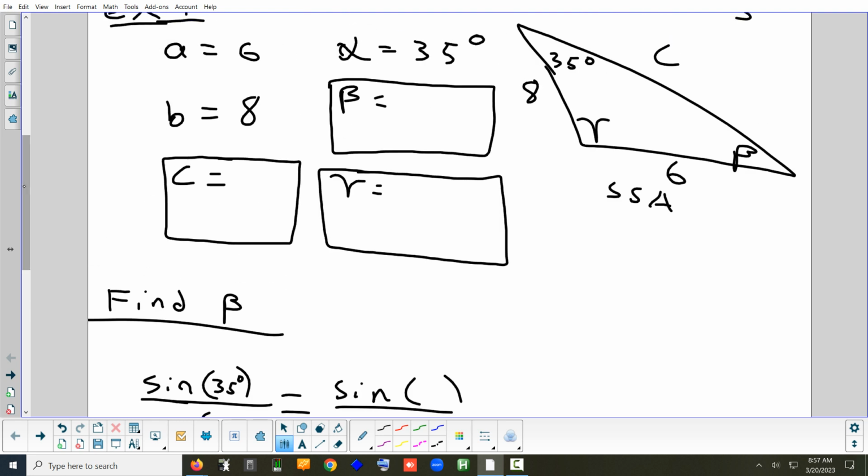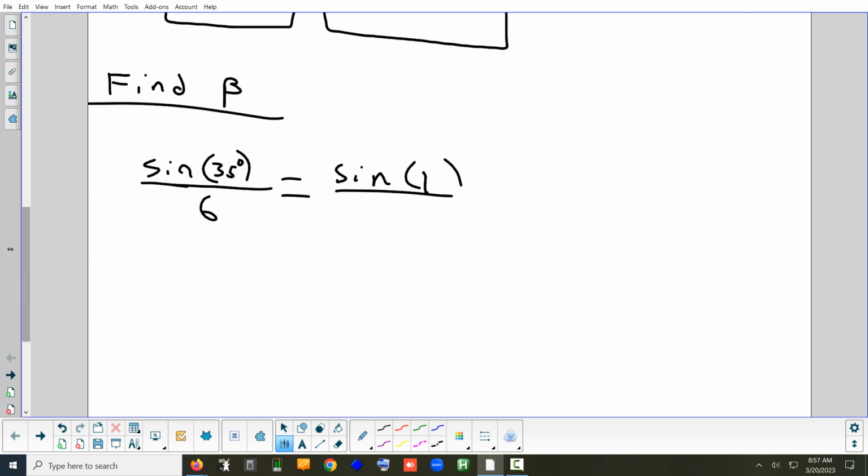Yep. Multiply both sides by 8. Just multiply both sides by 8. So just times 8 and times 8. Not sure if that's what you meant. But yeah, just don't do anything with this diagonal because multiplying by 8 puts everything on the side that you want automatically. Okay, so now we have 8 sine 35 over 6.